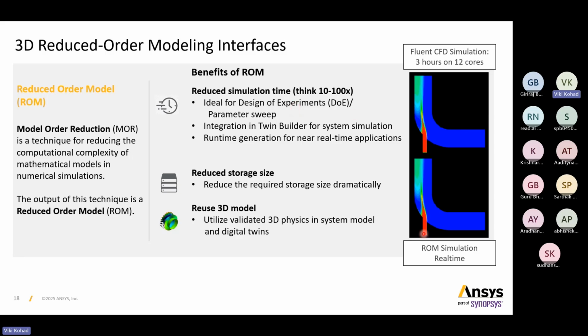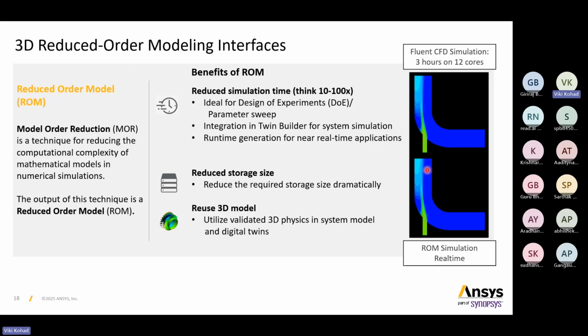Here you can see the results in real time. For this, the high fidelity Fluent model for the thermal application uses around 3 hours on 12 cores. Now you can see the difference here.